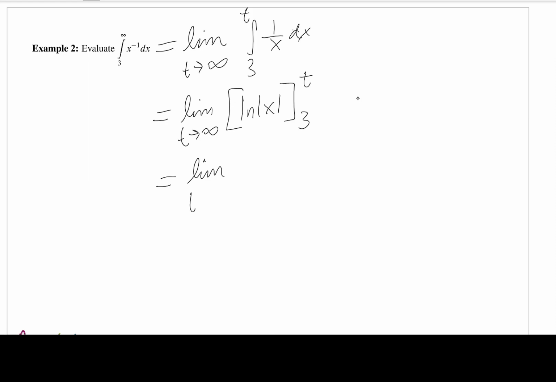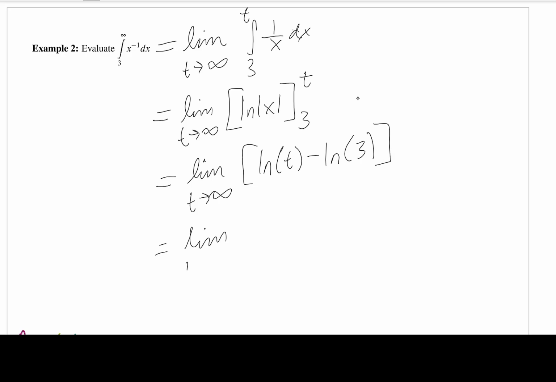So then this becomes the limit as t goes to infinity of ln of, what I notice about this interval, this is the interval from 3 to t, and t is going off to infinity. These are all going to be positive numbers, so I'm not worried about this absolute value sign. So this is going to be ln of t minus ln of 3.